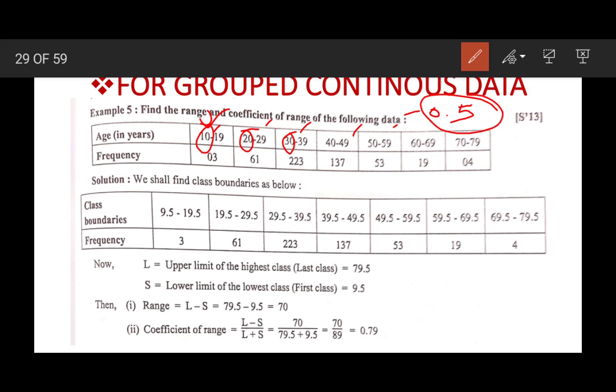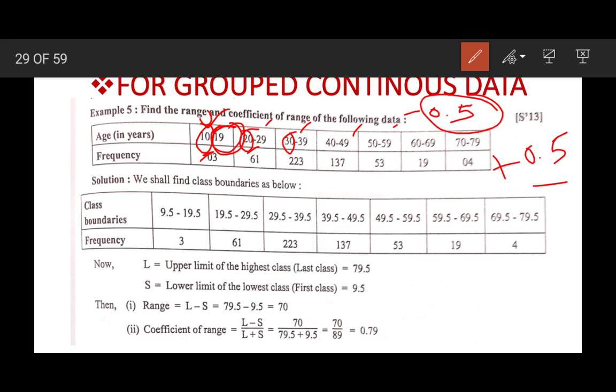So from the lower class interval values in all intervals we are subtracting 0.5, and on the upper side we are adding 0.5. This is the rule. Lower side means 10, so from 10 we subtract 0.5. Then to 19 we add 0.5.